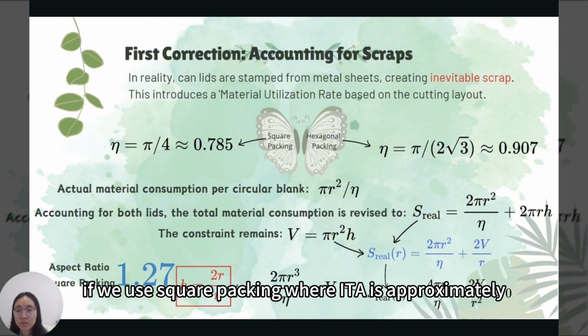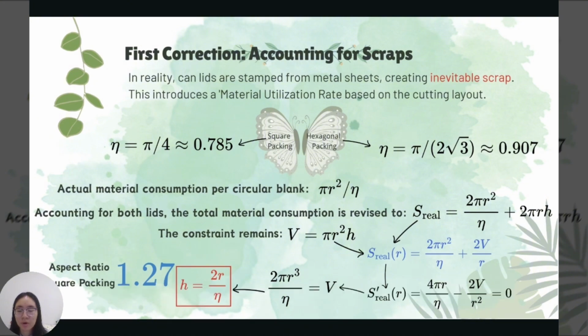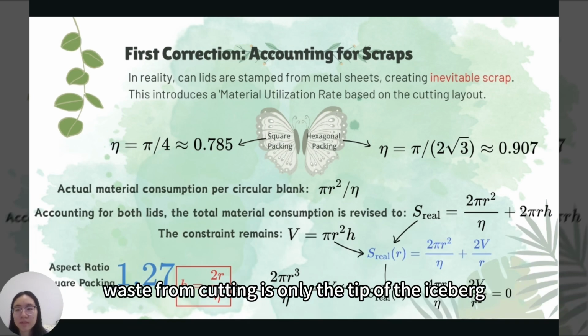If we use square packing, where eta is approximately 0.785, the height to diameter ratio becomes roughly 1.27. As we can see, material waste from cutting is only the tip of the iceberg.